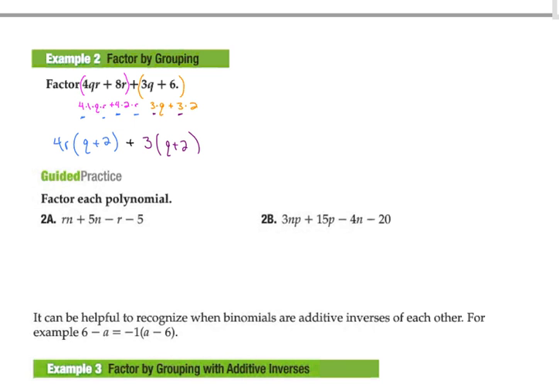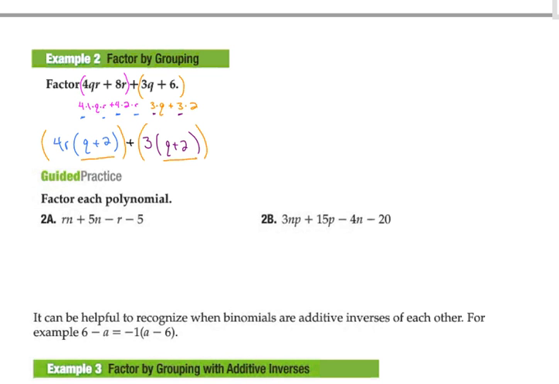Okay, now this is where it gets interesting, because now we are going to look at this as a term and as this as a term. Do you notice something? Do they have something in common? They have the factor Q plus 2 in common.